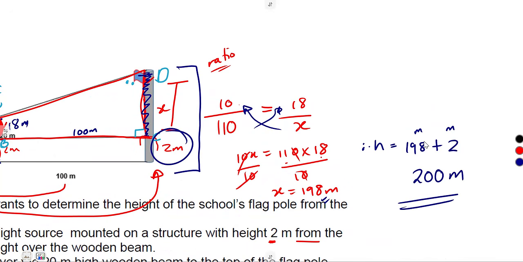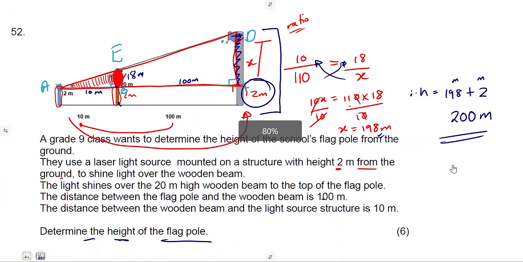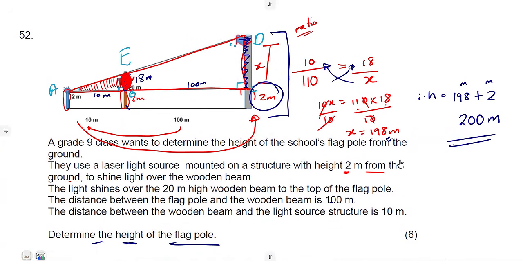Just like that. So you analyze the question according to the information and the diagram that you're given. Here it was just a play around with your similar figures, then apply that into consideration.